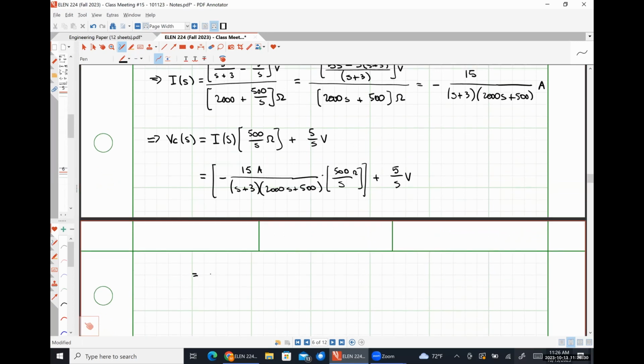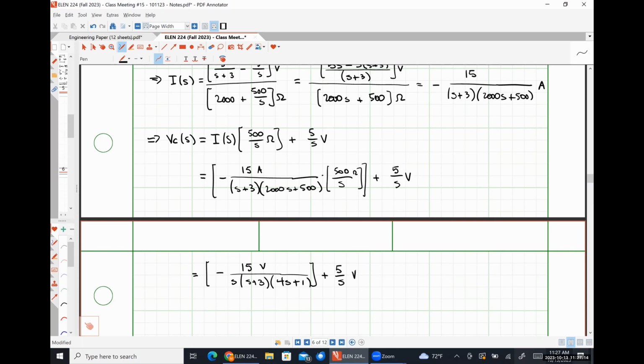So that's going to look like negative 15 volts, where I'm taking amps times ohms to give me volts, divided by S times S plus 3 times 4S plus 1, plus 5 over S volts.